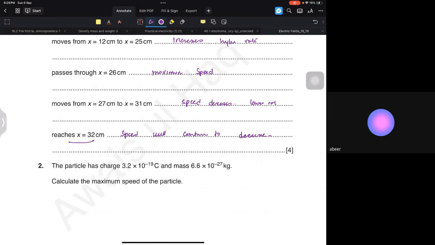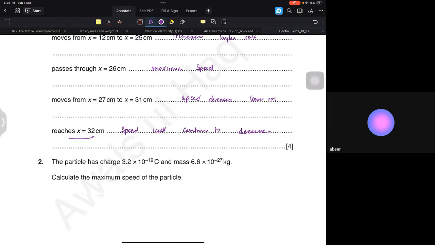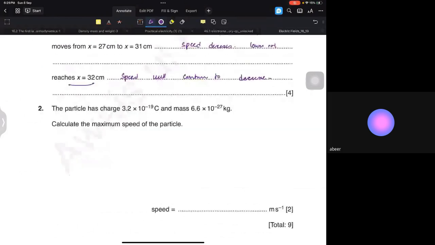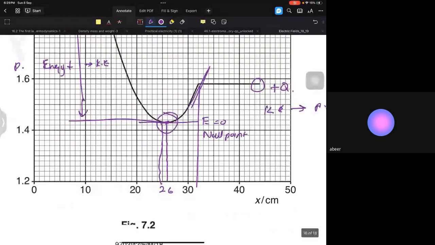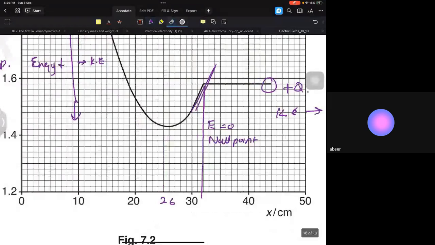Now, finally, they say the chart has this and the mass is given, just calculate the maximum speed of the particle. So obviously, you're going to find the potential at the lowest point. The potential right here is somewhat like, I'm not sure what that is.